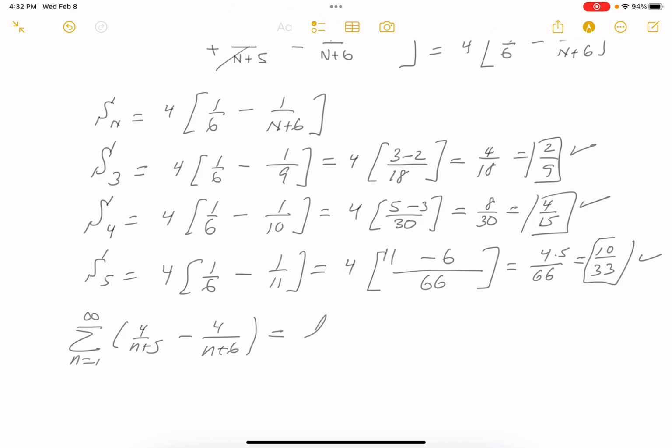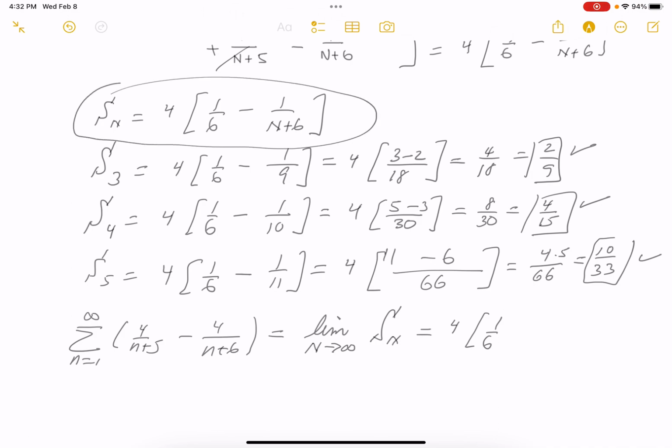I'm going to take the limit as big N goes towards infinity of this Sn. Can I do that? I think so. What are you going to get? 4 times 1/6, and if N goes to infinity, the second term disappears. You get 4/6, and that would give you 2/3.